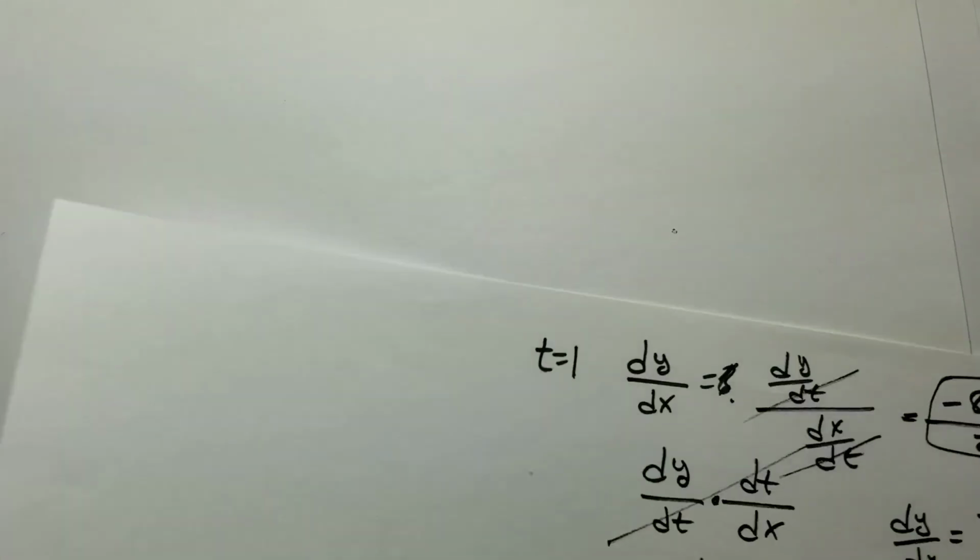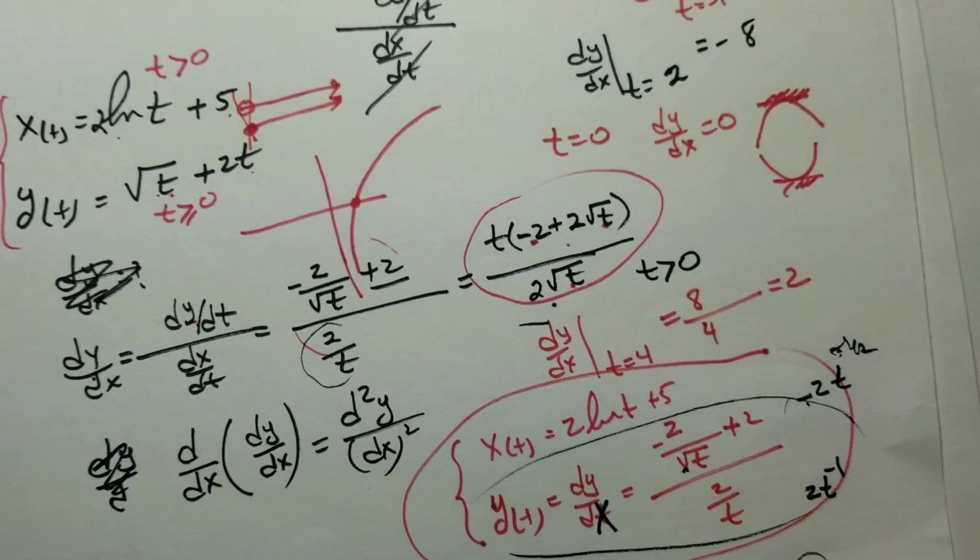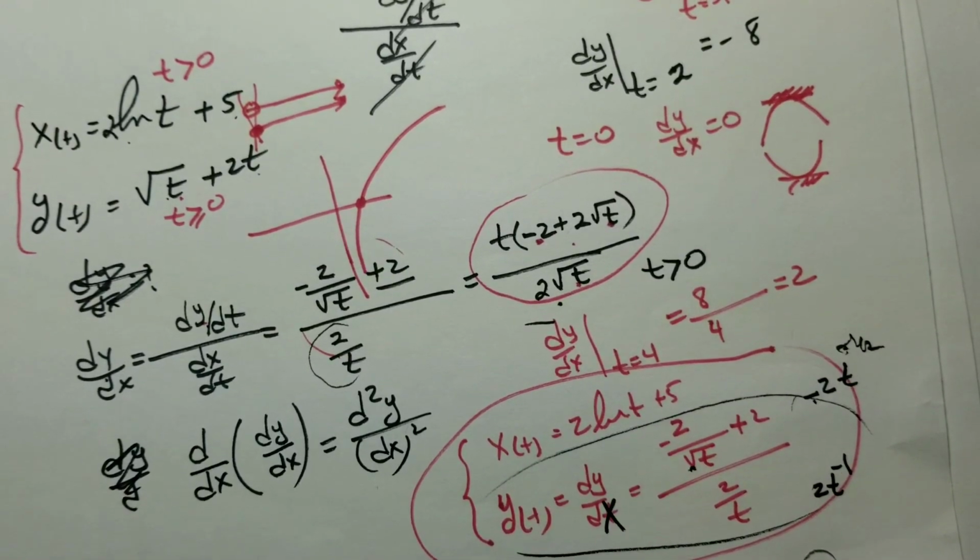Okay, but let me tell you something about the difference between the first derivative and the second derivative, and the first derivative of the parametric function, and also the parametric equations and the functions.